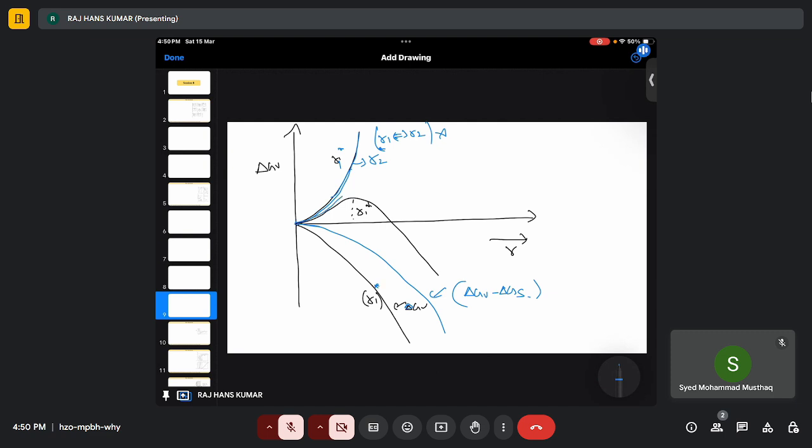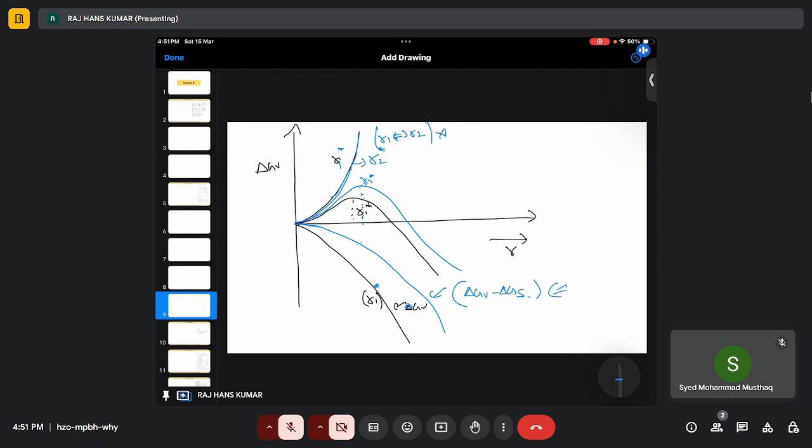For R2 star, the barrier will increase. Why will it increase? Because of the strain energy accommodation. This term has gone up. That means this term still dominates to an extent. So that's why this value increased.